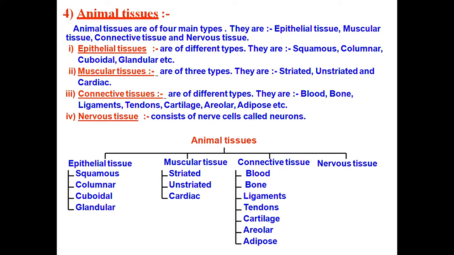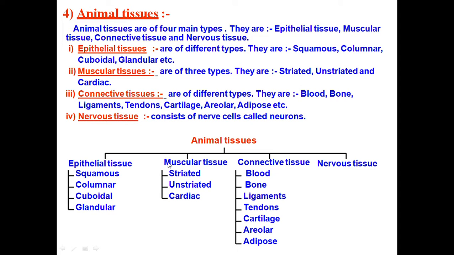And these animal tissues are classified into four types based on the functions they perform. So again, these four types of tissues can be subdivided. They again have their types. Like epithelial tissue has four types: squamous, columnar, cuboidal, and glandular.